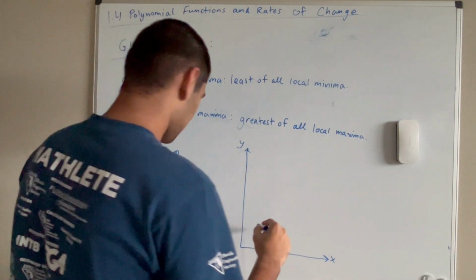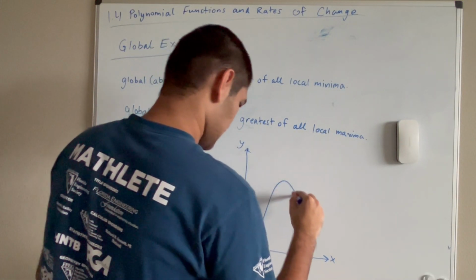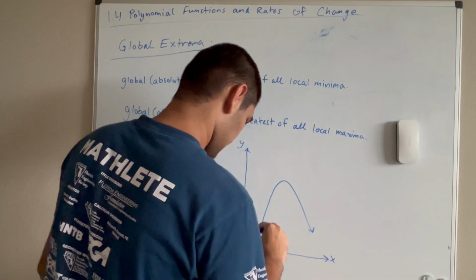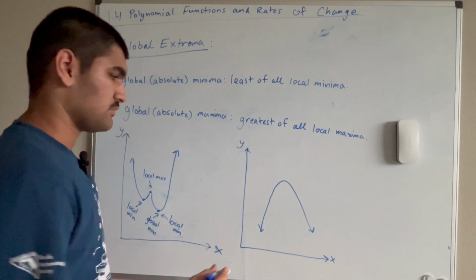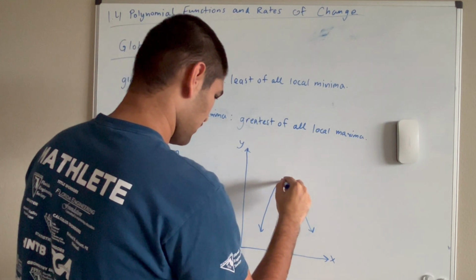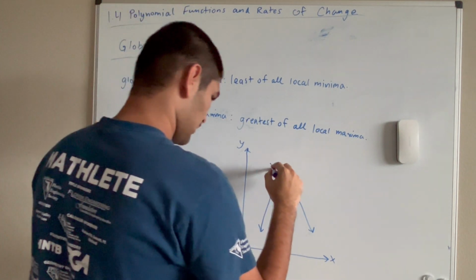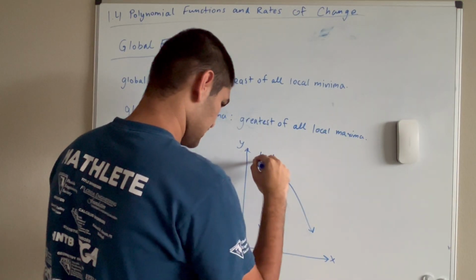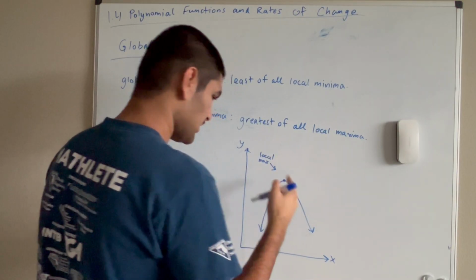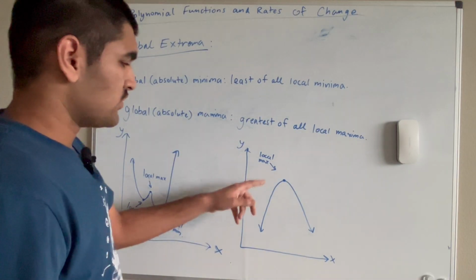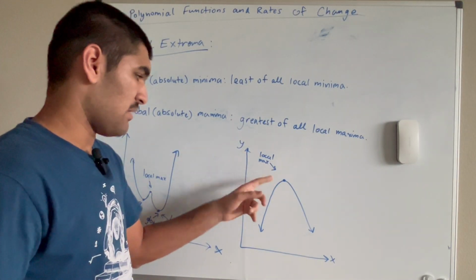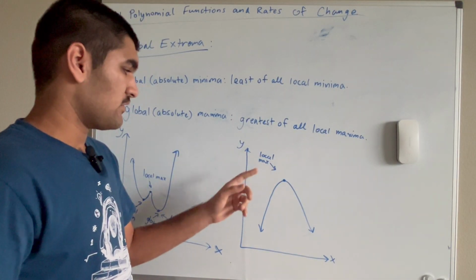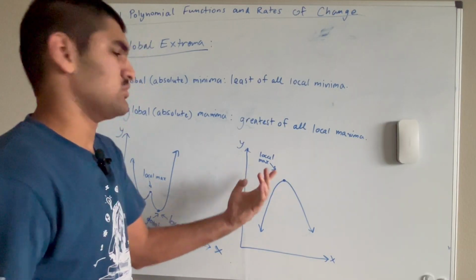All right, let's say you have some graph that looks like this, like an upside down parabola, essentially. So here we only have one extrema, and this is a local max because it goes from increasing to decreasing. But this is also the highest value attained by the function, and therefore it's the greatest of all the local max, of which there's only one.